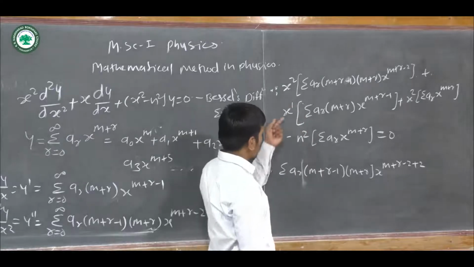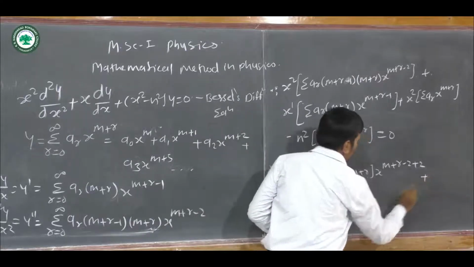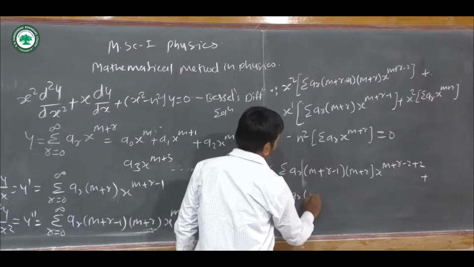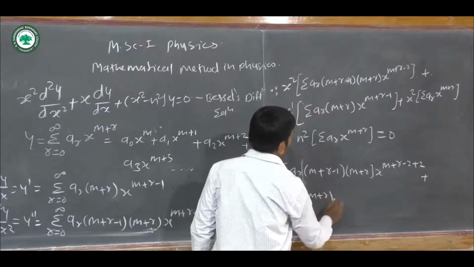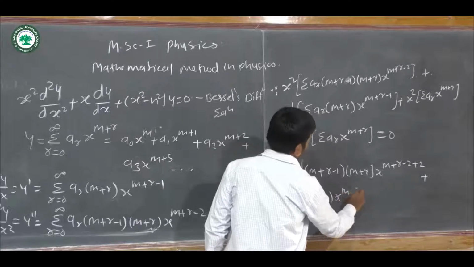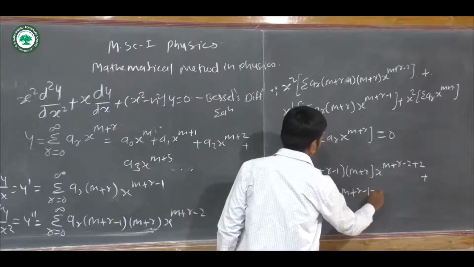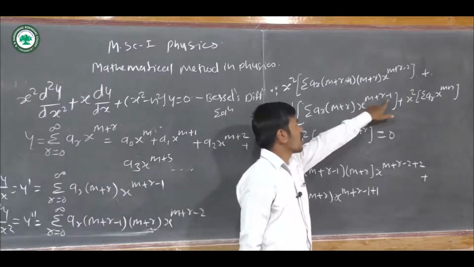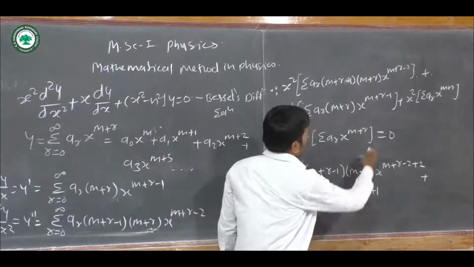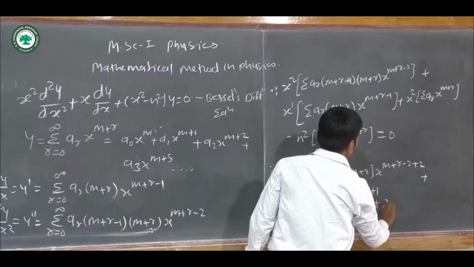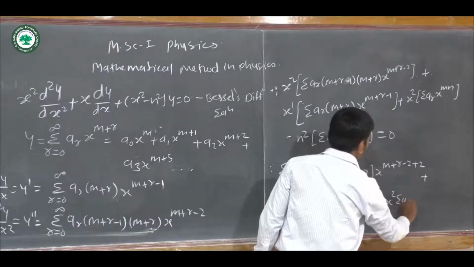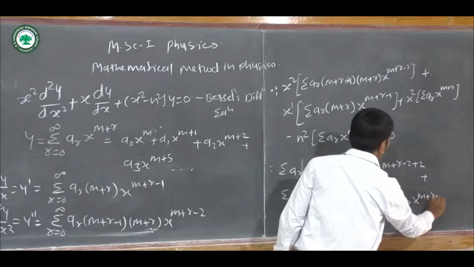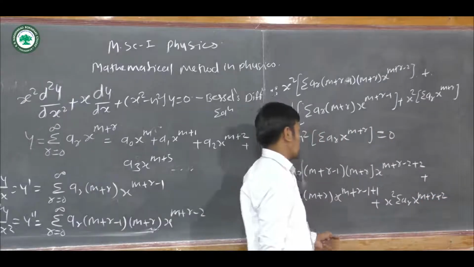So for these terms, if I write plus summation a_r (m+r) x^(m+r-1+1), for this one, and here is a minus 1 plus 1, and for this it is plus x squared summation a_r x^(m+r+2).